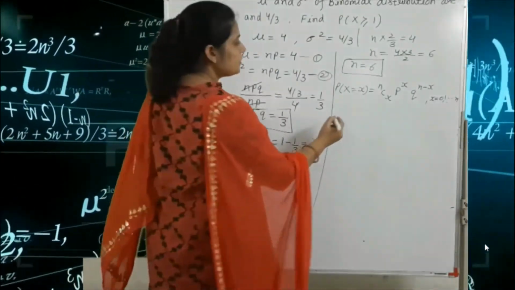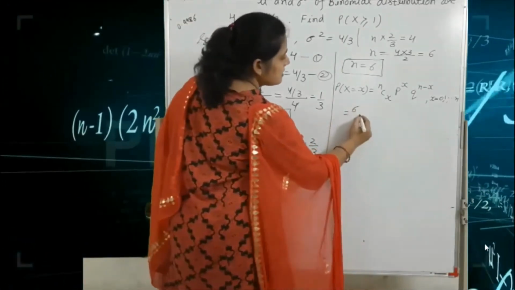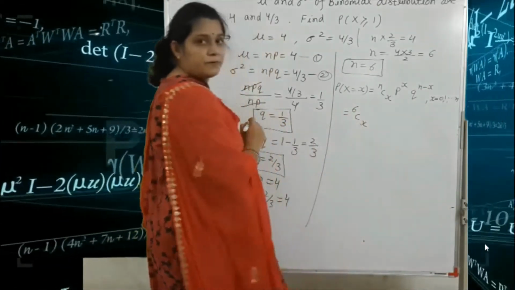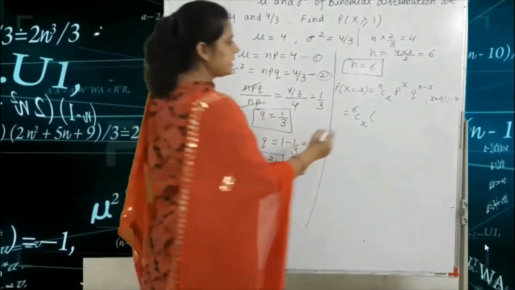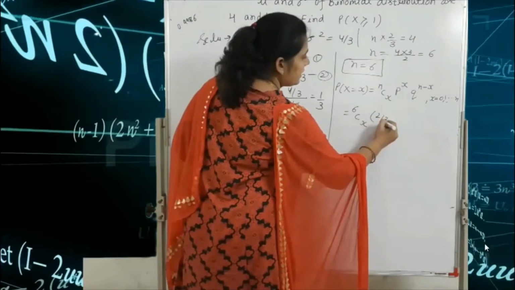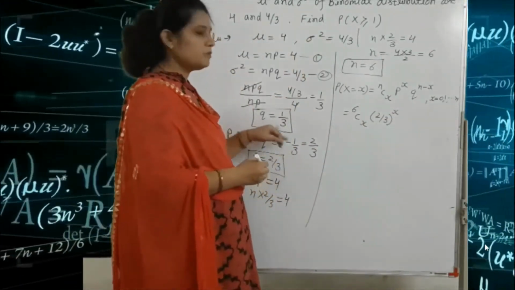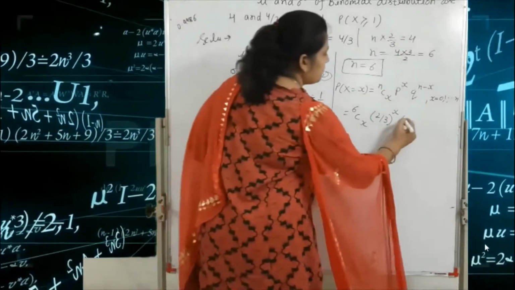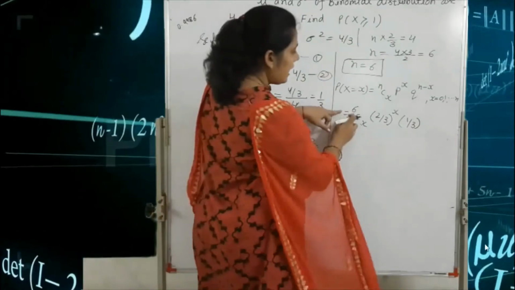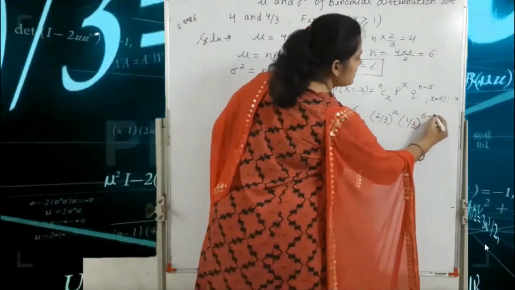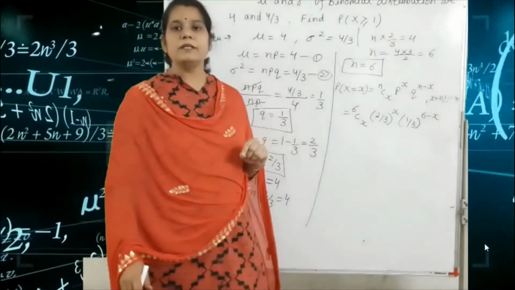Here n is equal to 6, so 6Cx, and p is equal to 2 by 3, so we write 2 by 3 raised to the power x, and the value of q is equal to 1 by 3, so we put 1 by 3 raised to the power n minus x, that means 6 minus x. So this is the form of the binomial distribution.